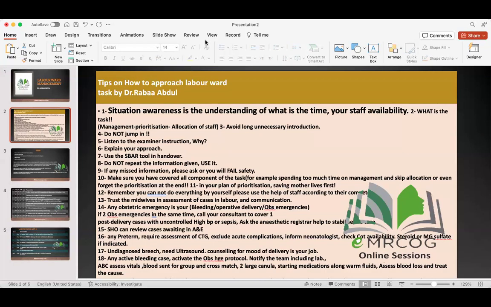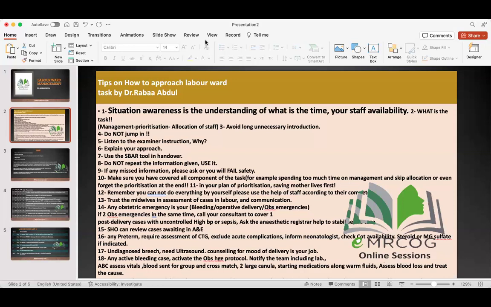Also, you can allocate or delegate the staff to the other urgent cases, so they can manage them or stabilize them or provide first aid, or some steps in the management for them while you are managing another emergency. And then you will go to the other rooms, one by one.